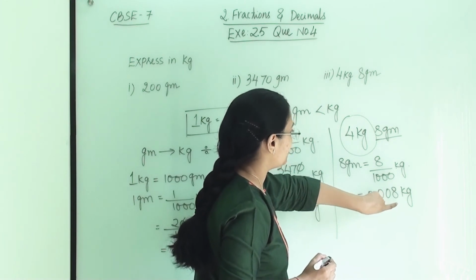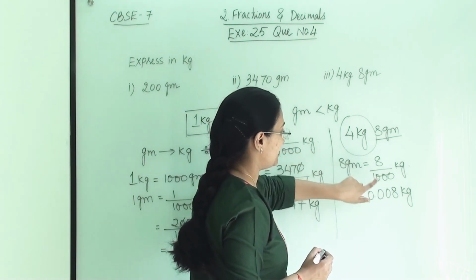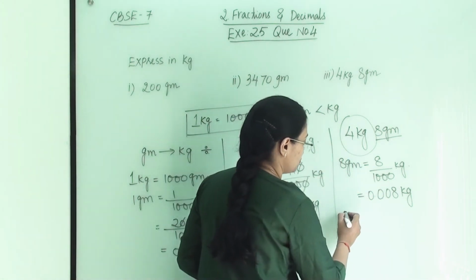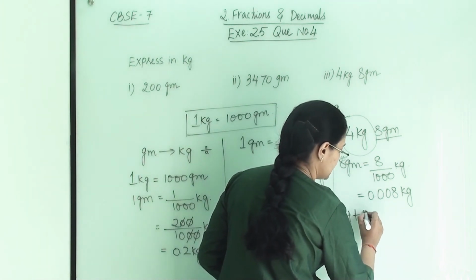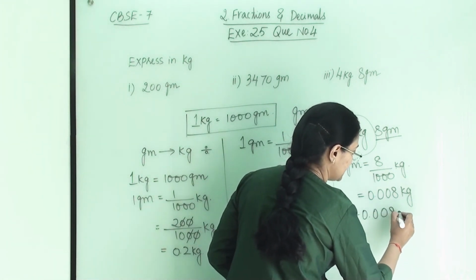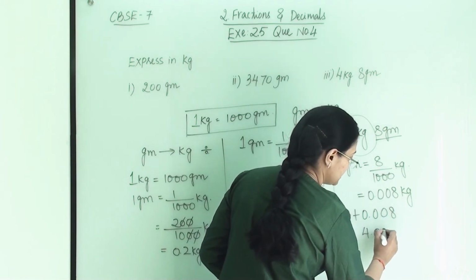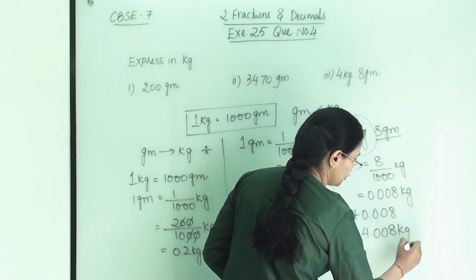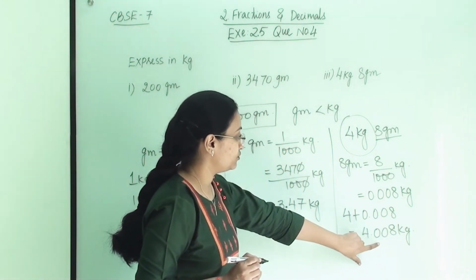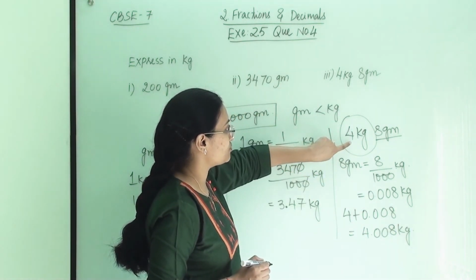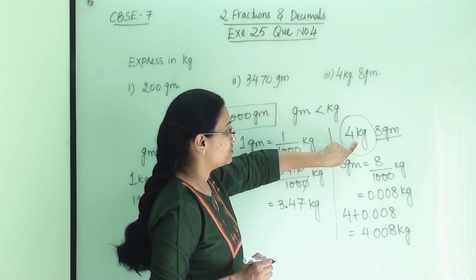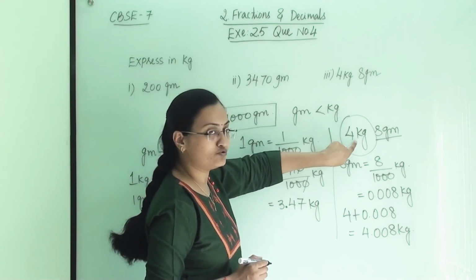Now we have to add that to this. So 4 plus 0.008 kg, when we add, we will get 4.008 kg in total. What we have done here: this is already in kilogram, so we do not need to convert it.